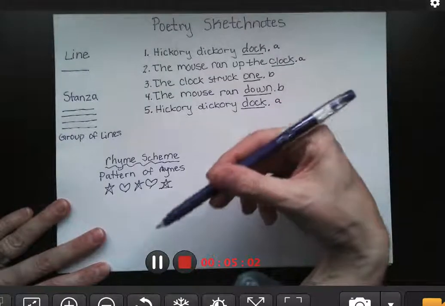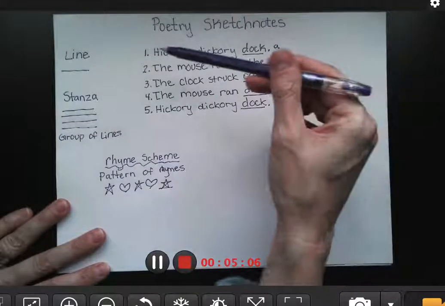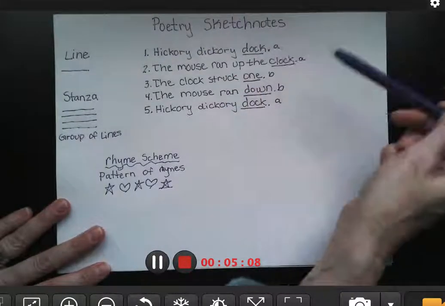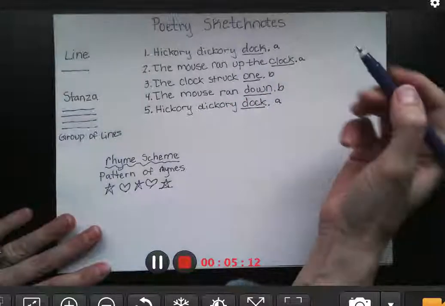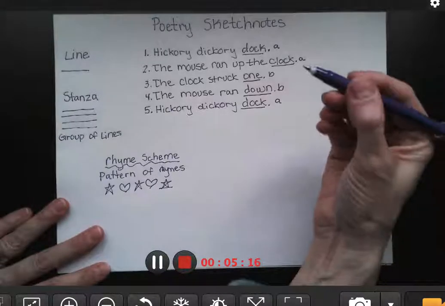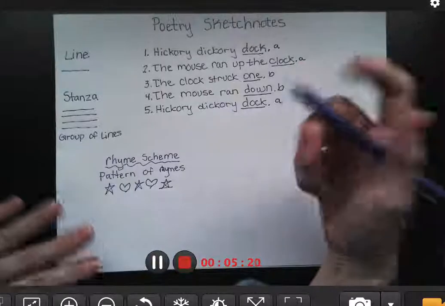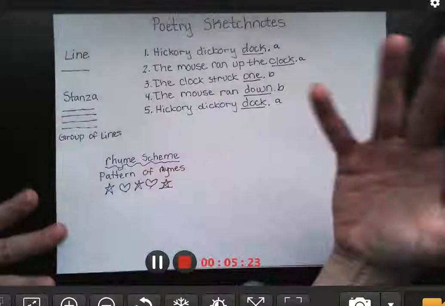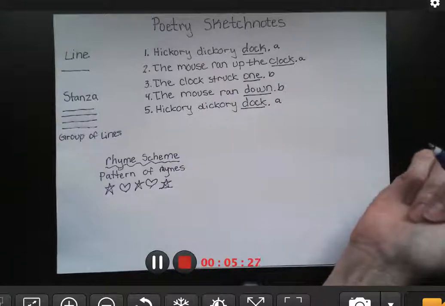So if we were to start a new stanza, it probably would be similar to Hickory, Dickory, Dock, and then it would be something different. But every pair of lines that rhyme, you will label them either A, B, and if it's a brand new rhyme, you can keep going up in the alphabet. So you can have C rhymes and D rhymes.